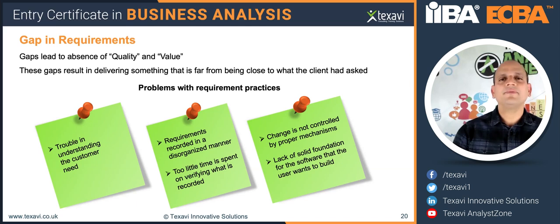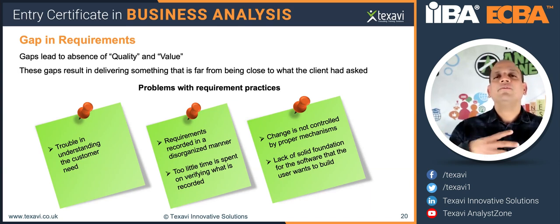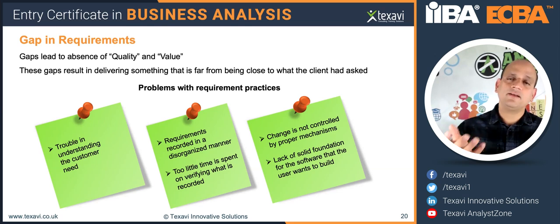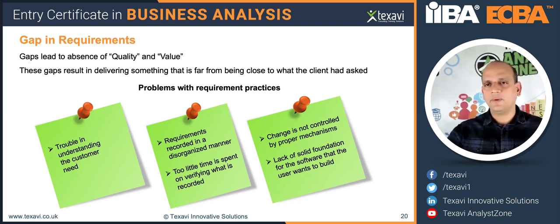And at the most immediate moment, we need to validate that assumption with the right stakeholders and team members, so that it is no more an assumption. It is either true or false, and based on my discussion, this is the understanding level. So it is very important to validate and verify your assumptions.